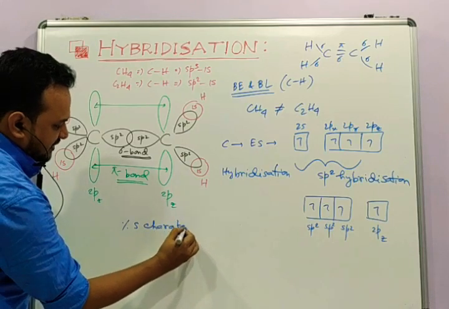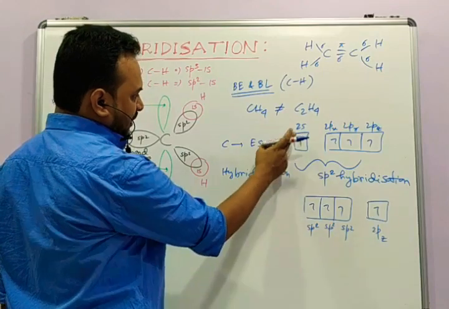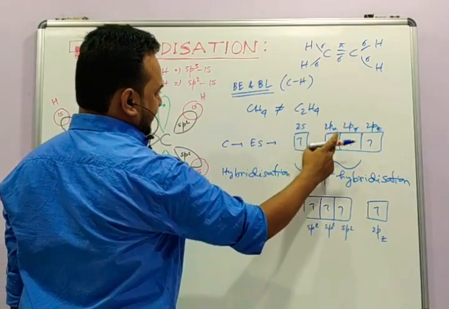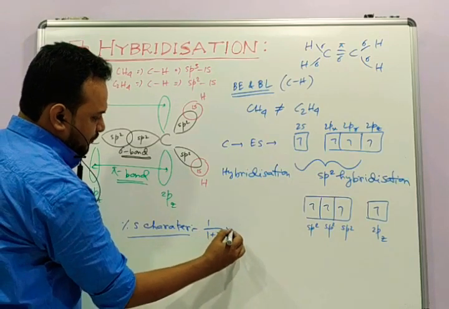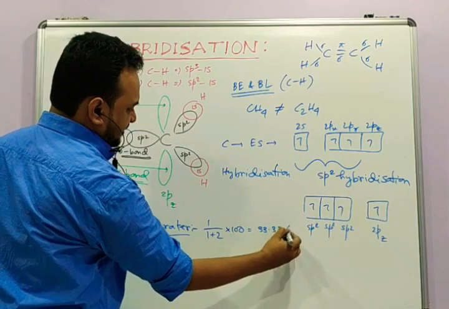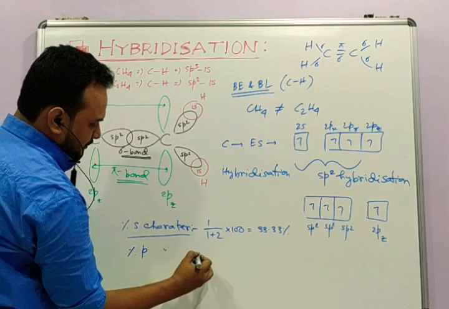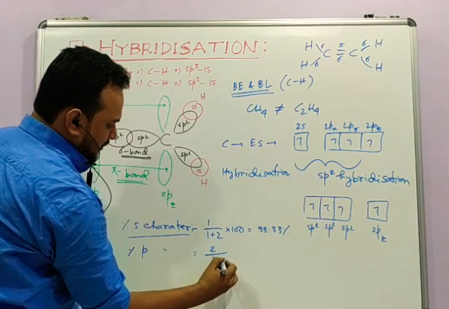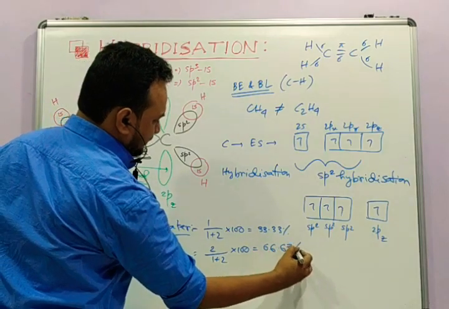For each sp2 hybrid orbital, the contribution of s orbital is 1 part and the contribution of p orbital is 2 parts. So it will be 1 by 1 plus 2, into 100, that is 33.33%, and percentage p character will be 2 by 1 plus 2, into 100, that is 66.67%.